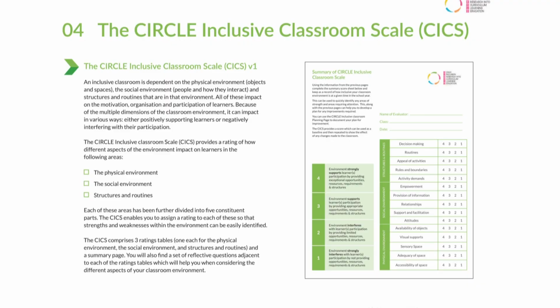It consists of 3 ratings tables, one each for the physical environment, the social environment and structures and routines, and a summary table. Each of the key areas, physical environment, social environment and structures and routines, is divided into 5 constituent parts.